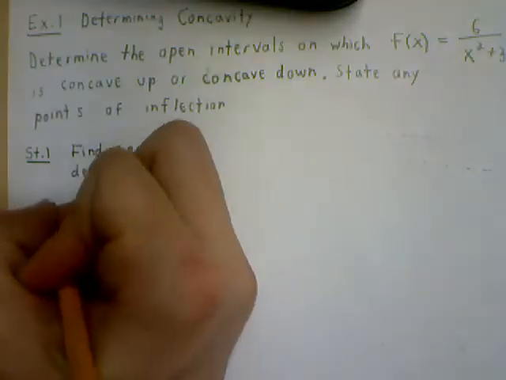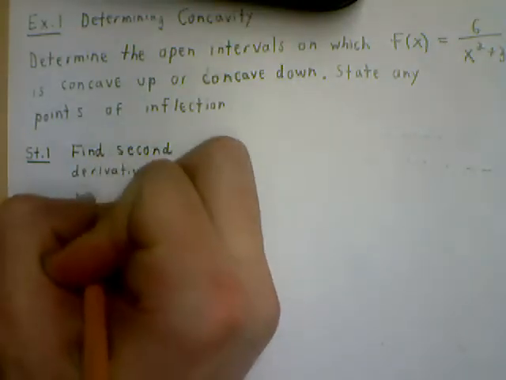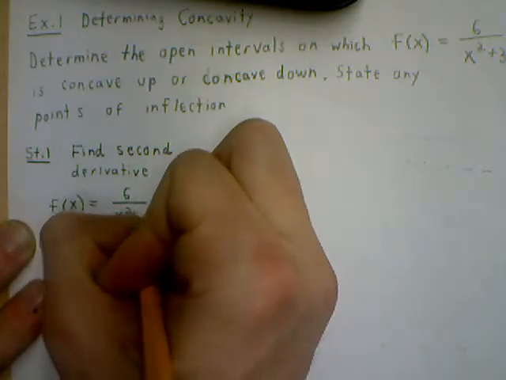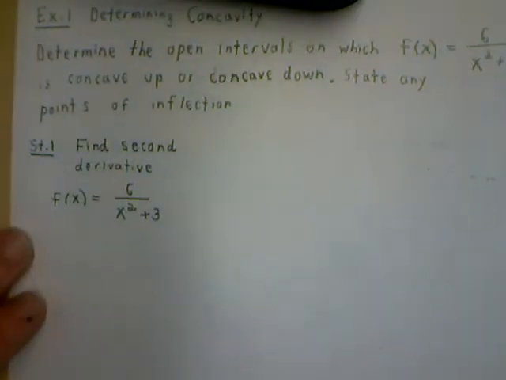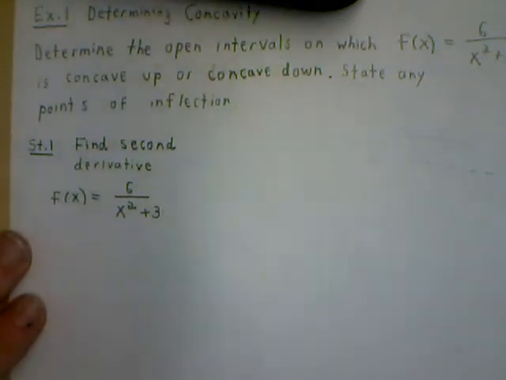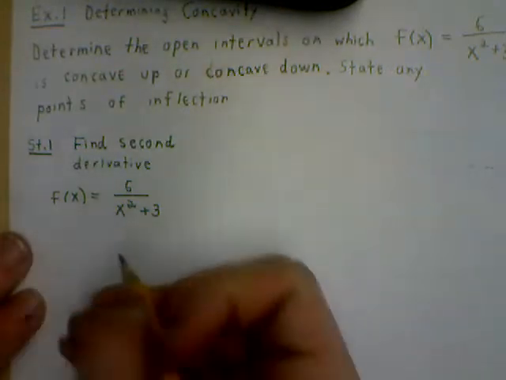All right, so I have f of x equals 6 over x squared plus 3. Let's just use the quotient rule. You could also bring this up to the numerator and use the power and chain rule, but I'm just going to use the quotient rule.